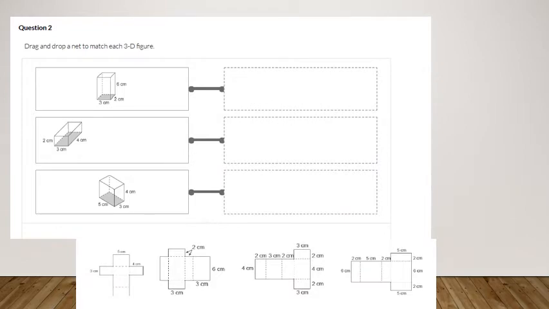Okay, this one says drag and drop a net to match each 3D figure. They're all rectangular, but I do have 2, 3, and 6 centimeters on our top one. So I'm going to go down here and look.